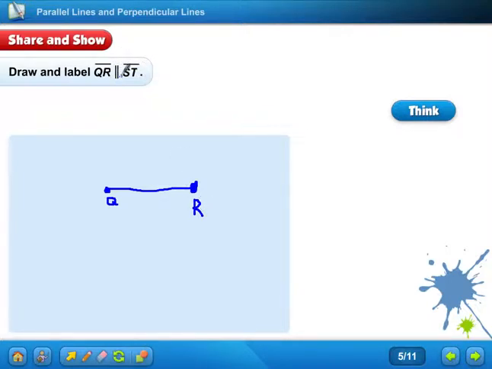Do you remember what that is called? Two lines right there. That is called parallel. So another line segment. Those are just line segments because they have no arrows right there or right there. Line segments. And this one we're going to name S and T.